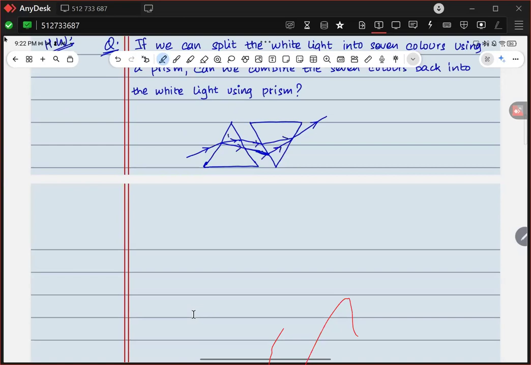So this will be your red light, this will be your violet. Red, violet, red, violet, and then this will be white. This is also white. Okay. So now we know how the white light is converted into 7 different colors, how it is dispersed into 7 different colors.